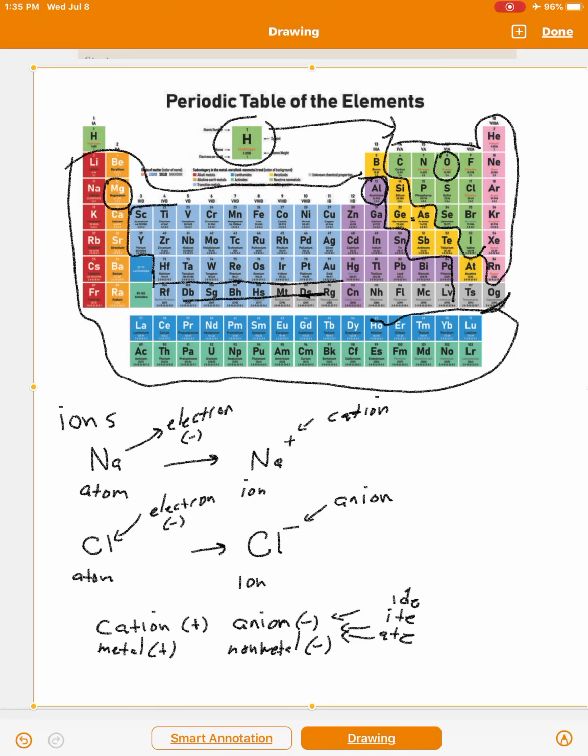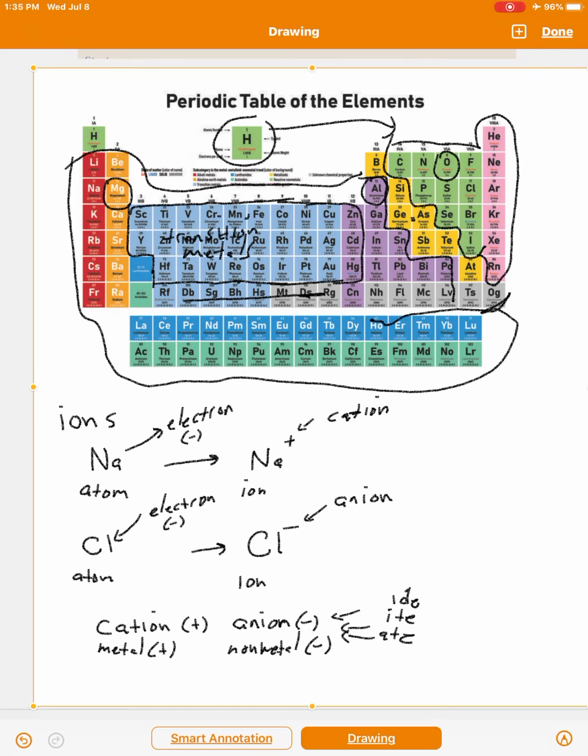But these right here are called transition metals. Okay, these are called the transition metals. And if a transition metal is in the formula of the compound, you have to take that into account.